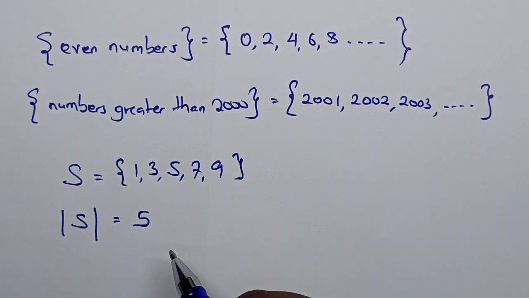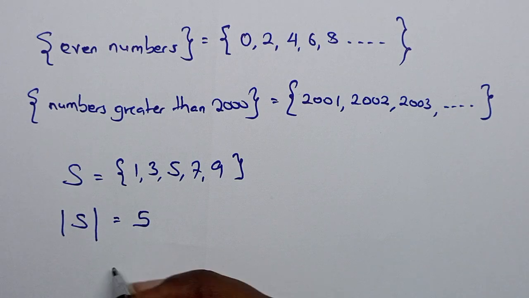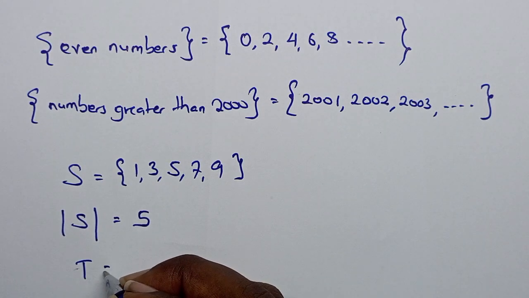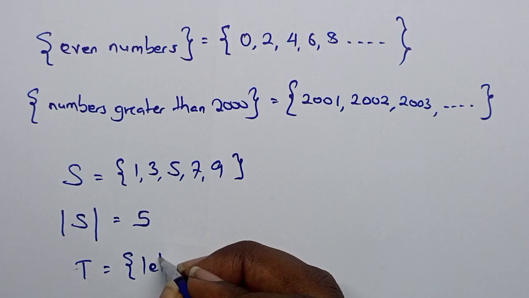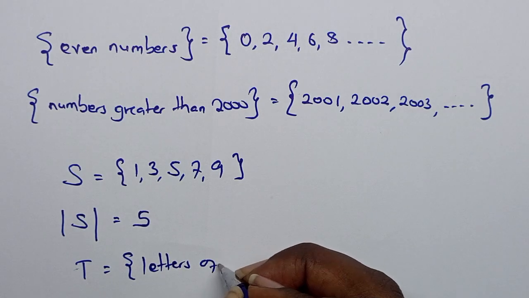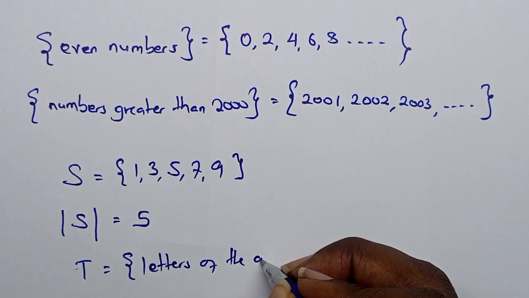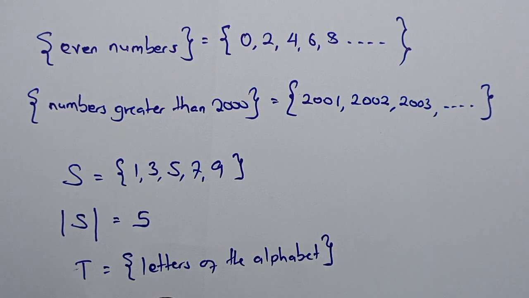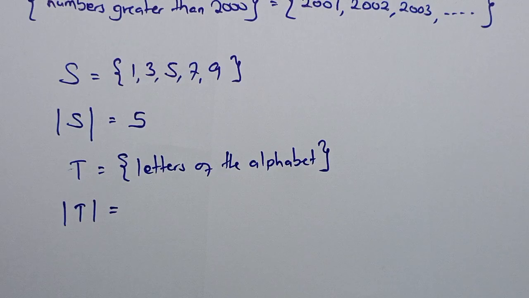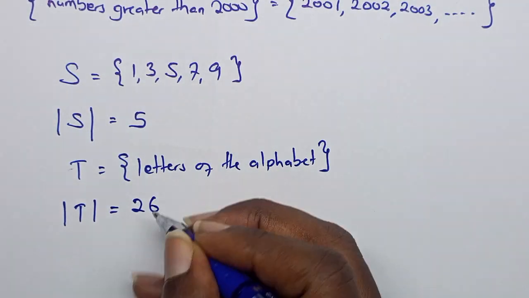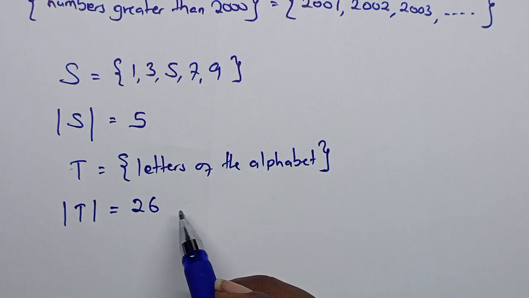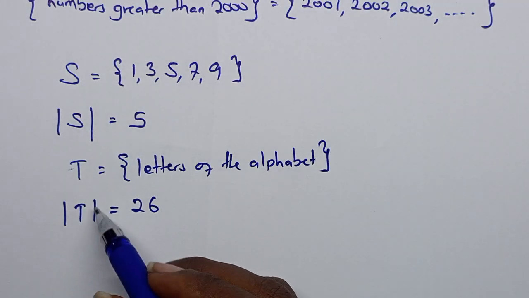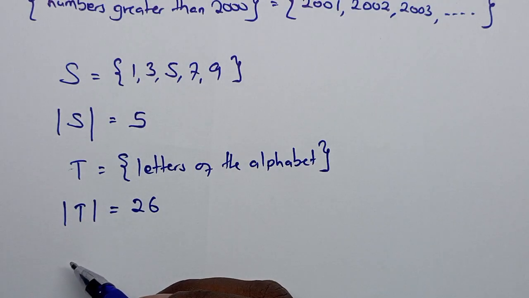For example, if they've told you T is a set which has elements that are the letters of the alphabet, then the number of elements of set T will be equal to 26, because there are 26 letters of the alphabet. So that's how you represent the number of elements.